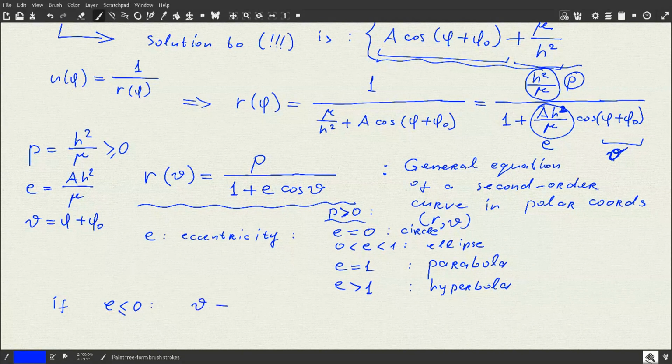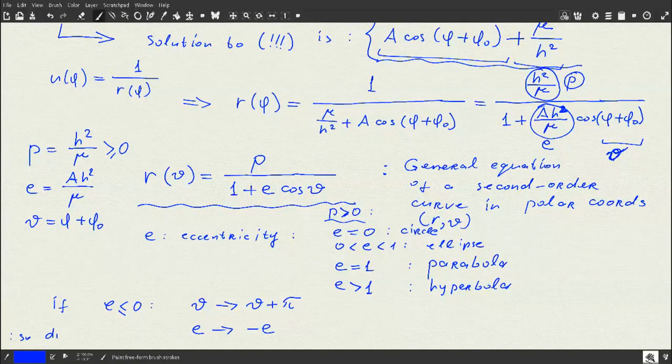Instead of V, we would use V plus pi, and instead of E, we would use minus E. And therefore, we would be back to the original equation with non-negative E.